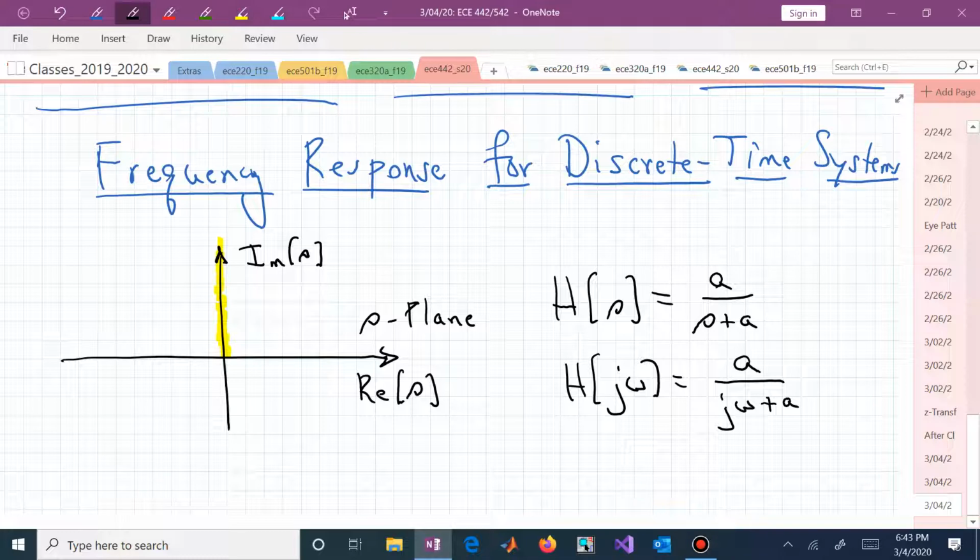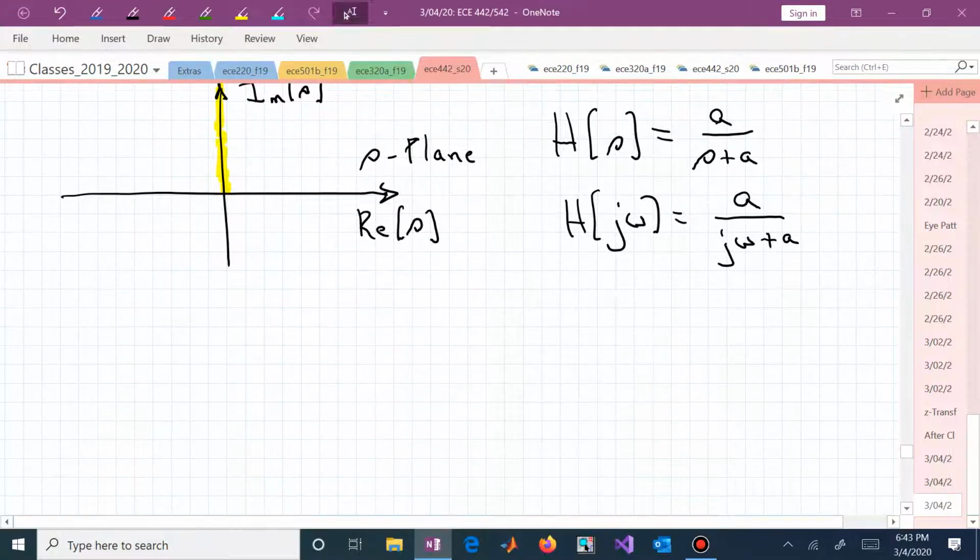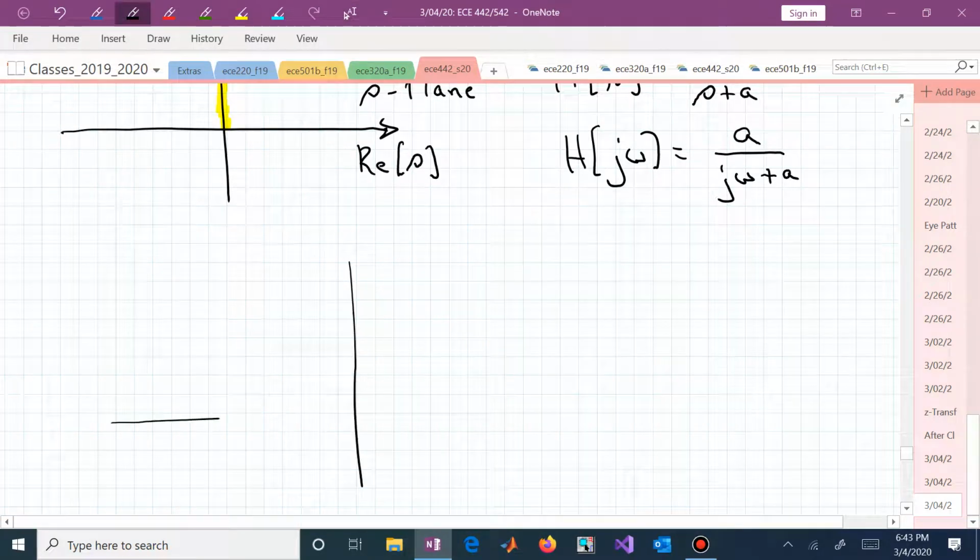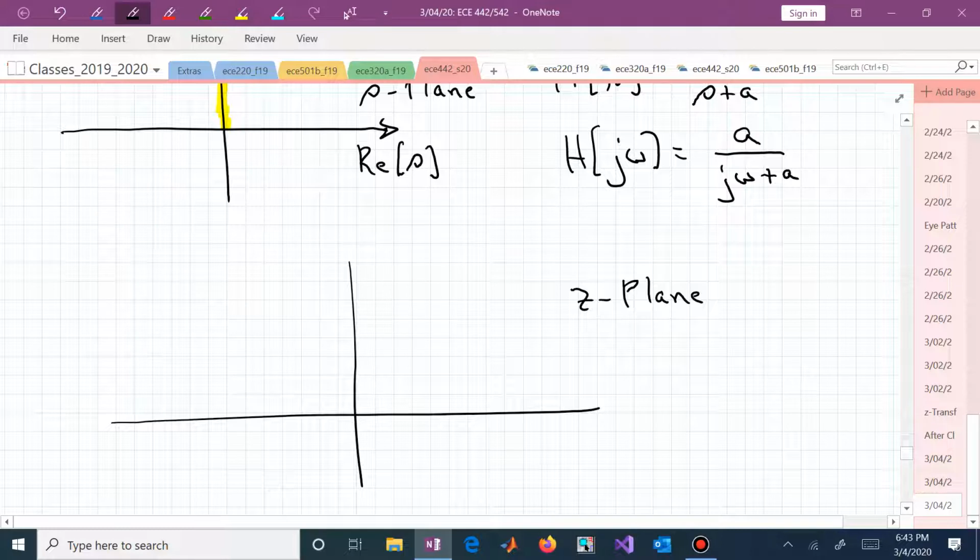What does that look like in the z domain or in the z plane? Do we have something similar going on? Where are we walking in the z-plane? Where is DC in the z-plane? S equal to 0 corresponds to what in the z-plane? Where is DC? Z equal to 1. So we're right there at DC.